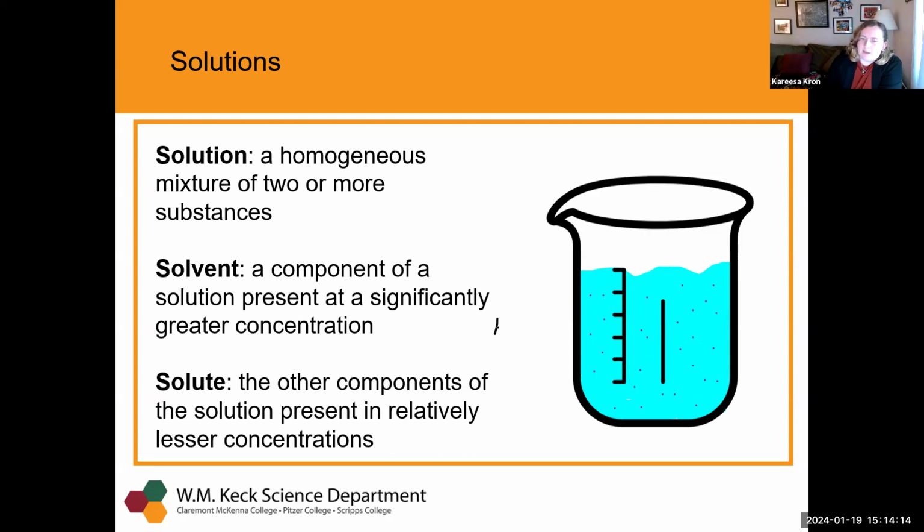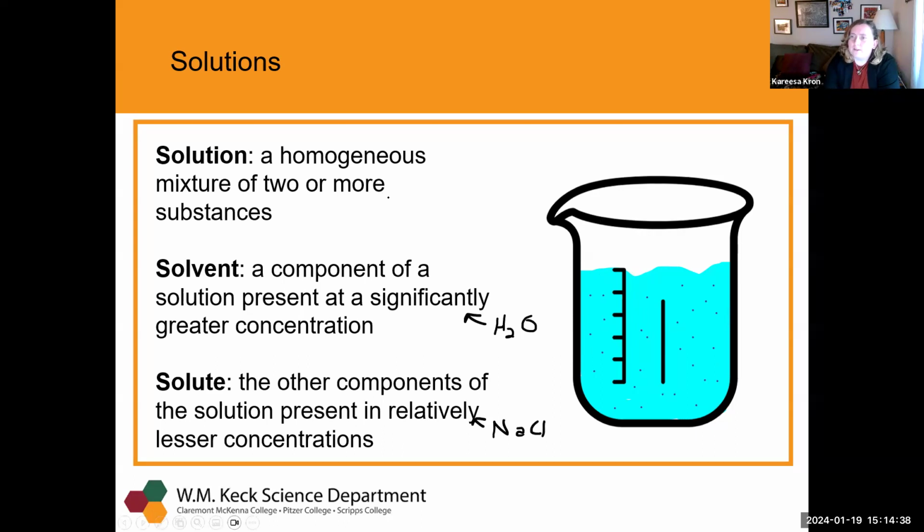For example, if we have H2O as our solvent, we could add NaCl to it, table salt, and what you would just see is clear water. And in this clear water, you would have some distribution of sodium and chloride ions. That's what we're talking about with a solution, some homogeneous mixture.